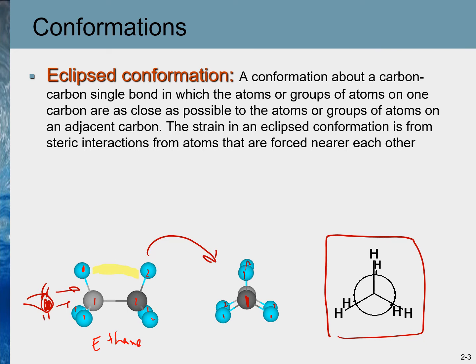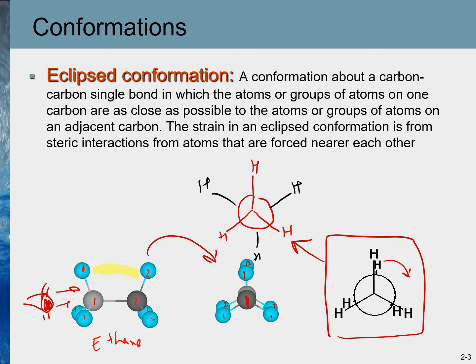Now, in order to go from eclipsed to staggered, the carbon-carbon single bond needs to rotate, and it needs to go this way. How many degrees does it need to rotate? We can easily find out, because in order to go from eclipsed to staggered, the rear hydrogens need to go right in the middle.